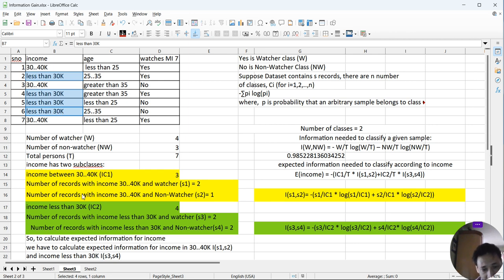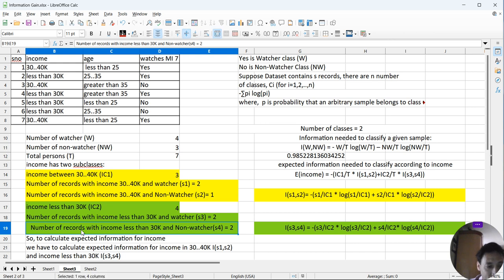And in these 4 records, how many watchers are there, how many non-watchers are there? There are only 2 watchers. Income less than 30,000, first watcher is this, second watcher is this. So the value for income less than 30 and watchers, symbolized by yes3, is equal to 2. Similarly, the number of records with income less than 30 and non-watchers, symbolized by yes4, is equal to 2.